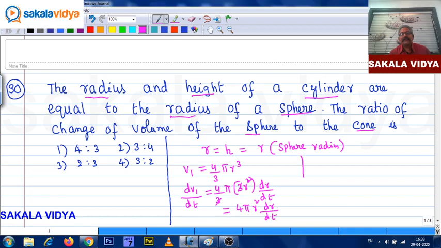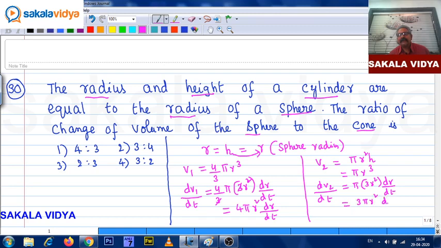Now let us find the volume of the cylinder, that is pi r square h. Here h equals r, that means pi r cube. dV2/dt is pi into 3r square dr/dt. So this is equal to 3 pi r square dr/dt.